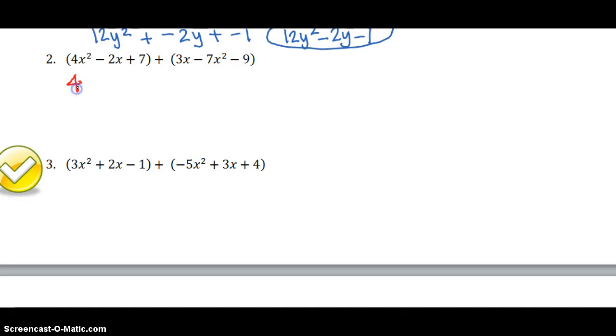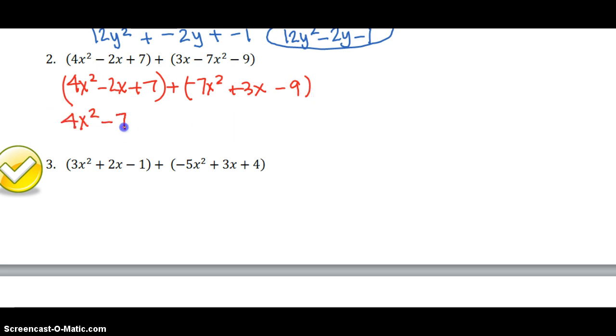Okay, again, the first term stays like it is. The second term needs some work. Negative 7x squared becomes the first term. The negative stays with the 7. The 3x is positive, the negative stays with the 9. Now we can combine like terms. We're ready to add those. Negative 2x plus 3x, ready to add those.